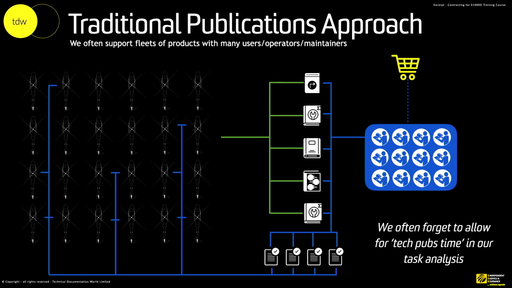We often forget in our task analysis that we have to allocate time for the maintainers to go and gather information. They might be given a task. Awarded is probably not something they would say, but they've been assigned a task.